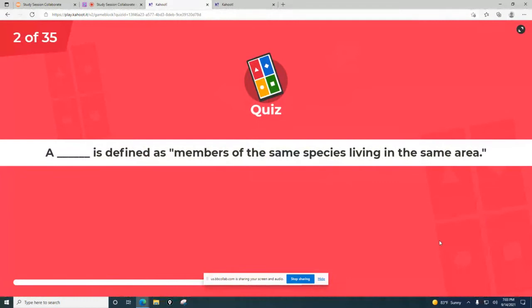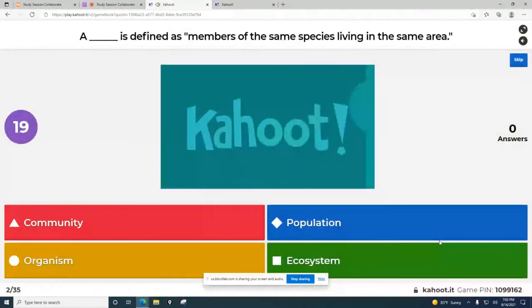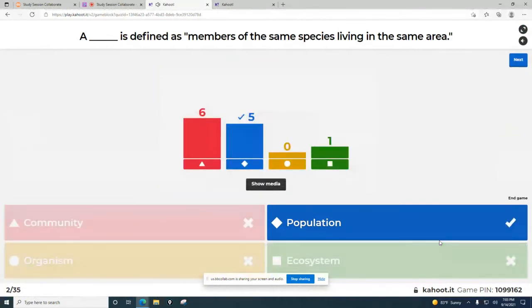Okay. A blank is defined as members of the same species living in the same area. Okay. So we're kind of split on this one, and I get that the definitions are very similar, so it can be confusing. But this is going to be a critical concept to get on the exam because 100% you will be asked the difference. So you need to know.